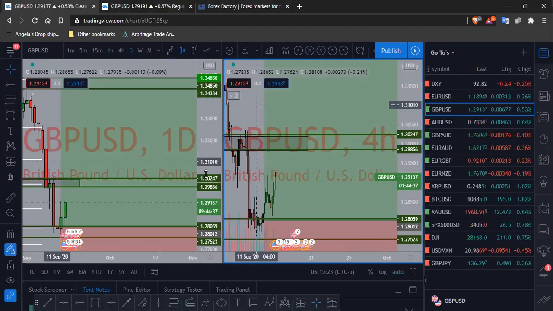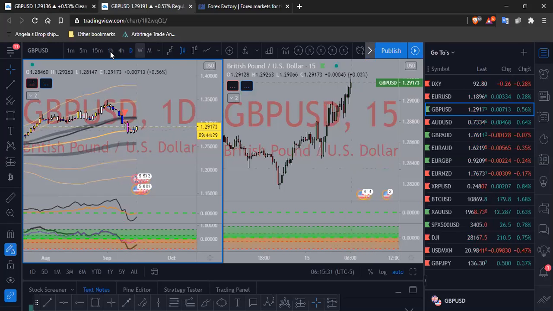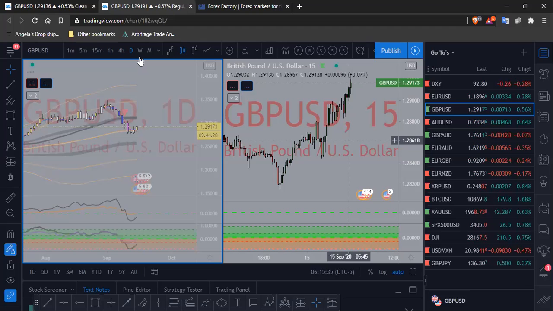GBPUSD, unfortunately, let me go over here real quick on arbitrage. And go on the, oops, did not mean to go there. Oh, why did I do that? I played myself.